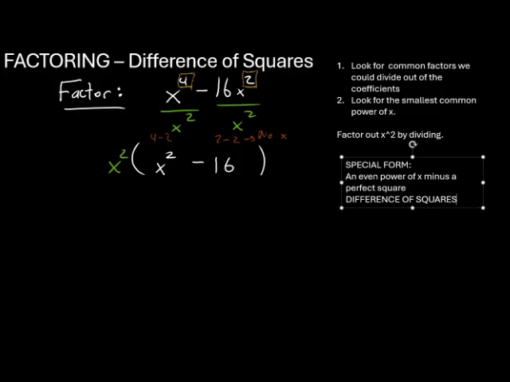Difference means subtraction, and squares mean that both the x and the constant are perfect square numbers. Keep an eye out in this class for perfect square numbers. The most common ones that could come up are 4, 9, 16, 25, 36, 49, and 64. Those are your smallest perfect squares.